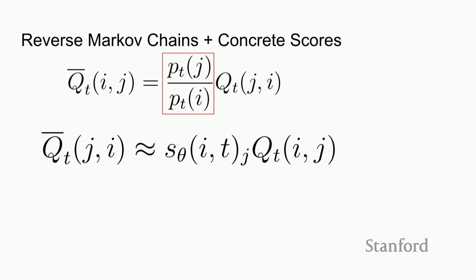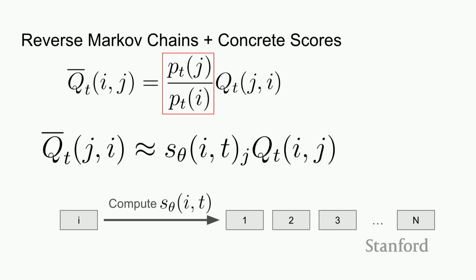This goes back to the reason why we parameterize everything this way: we have initial state i, and we compute the concrete score S theta of i and t, over all the various j indices. This allows us to jump in parallel to any of the other states we want, because of the way we parameterize things. So everything works its way together in this setup.